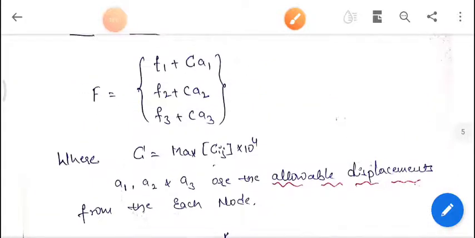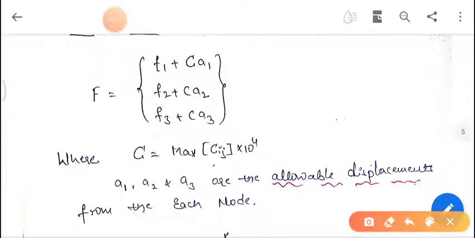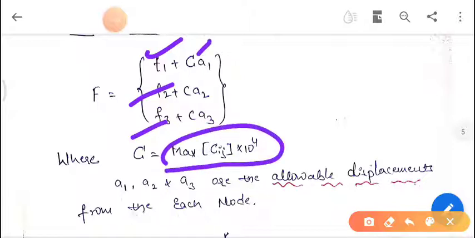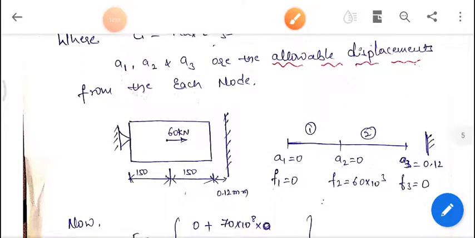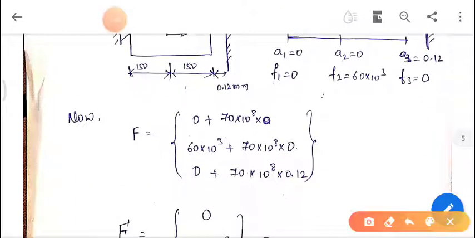So this is the formula. F1 is the force at node 1, F2 the force at node 2, F3 the force at node 3, and C is maximum of Cij into 10 raised to 4, which we found from these data. We substitute this data, and that's what we have calculated here.